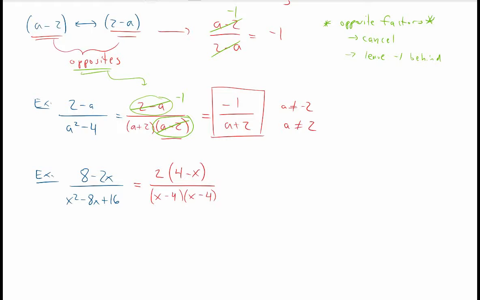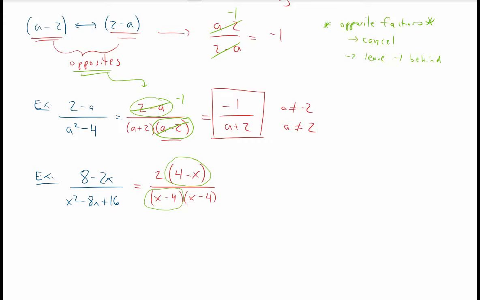And again, there are no actual common factors here, but we do see a pair of opposite factors, right? 4 minus x, and then we see 2 instances of x minus 4 in the denominator. It does not matter which one you cancel, but you should only cancel one of them. We can't cancel both of them. We always have to cancel from the numerator and the denominator in pairs.